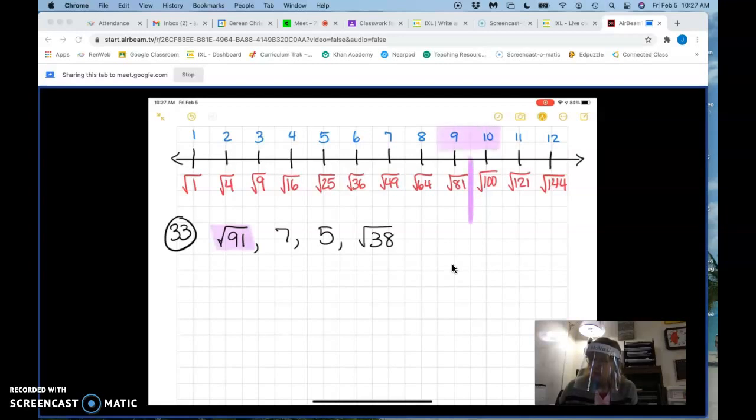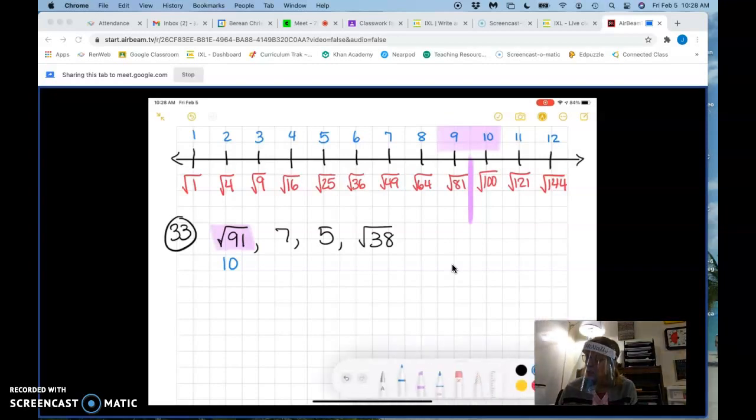And which one do you think it's closer to? It's closer to 100 by 1. So we're going to say it's close to 10. So write a little 10 underneath that square root of 91.